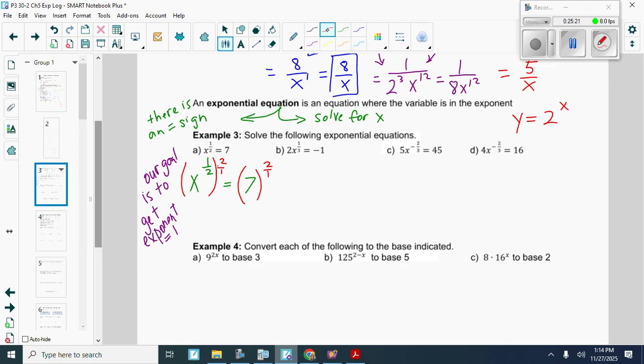So this ends up being x to the 1, when we multiply these, which is just the same as x, and this is equal to 7 squared, which is 49.